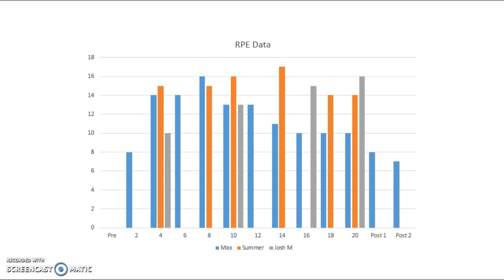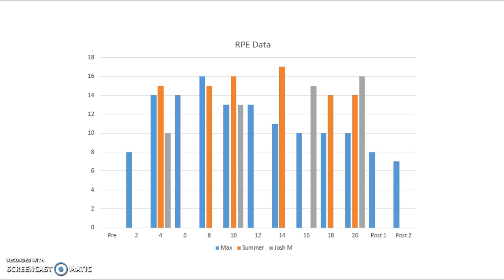Despite this, for Summer and Max, their results from this were very similar to each other but different to the normative data, as they started at a much higher level than Josh, which may have been because they were working harder at the start for not knowing completely what levels to work at. This then meant that over time their ratings decreased.